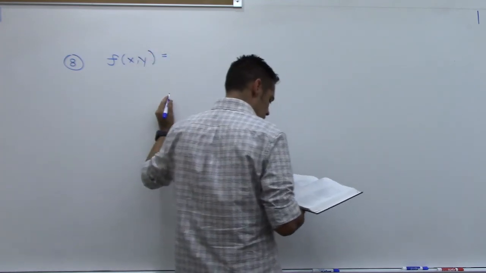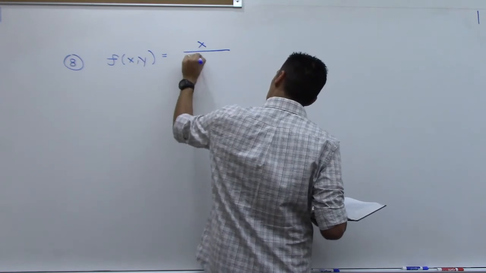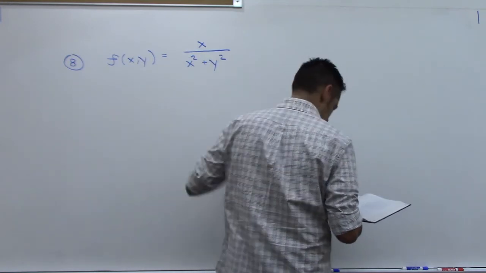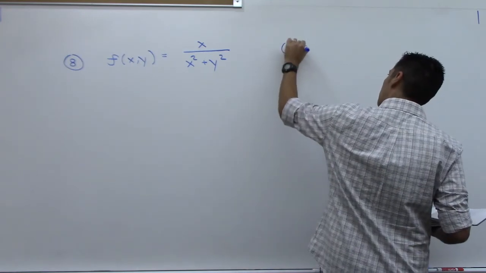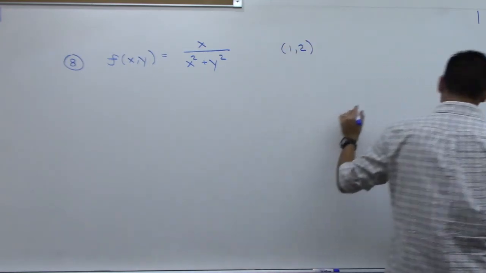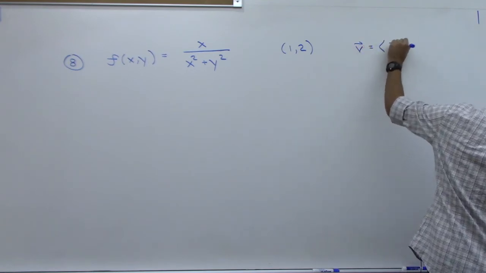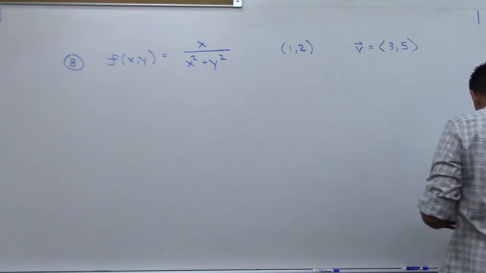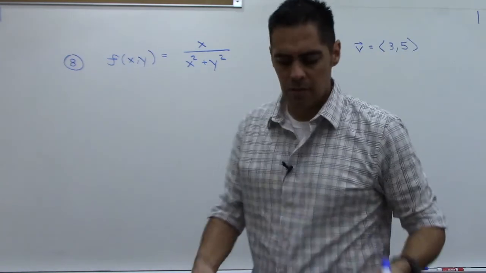It's actually a rational function. x over x squared plus y squared. We're given a point again, 1, 2. We're given a vector v, which is the vector 3, 5. And we're asked to find the directional derivative of the function at the given point in the direction of v.